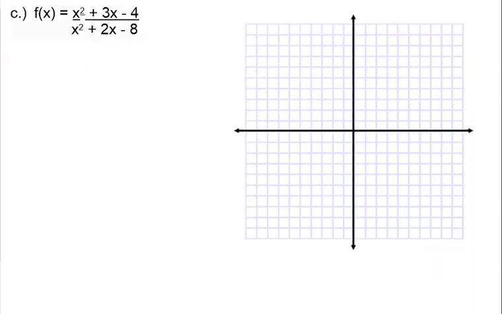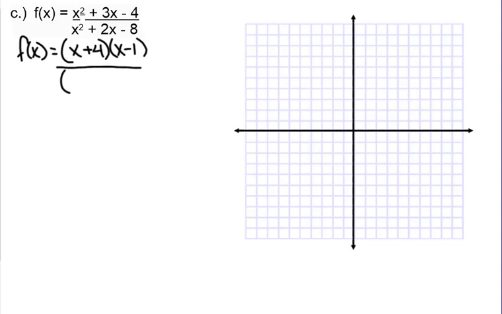So f of x is equal to x squared plus 3x subtract 4 over x squared plus 2x subtract 8. So first step, we're going to factor. So f of x is equal to x plus 4, x subtract 1 over x plus 4, x subtract 2. We've got a common factor, so that is a point of discontinuity at x is equal to negative 4.